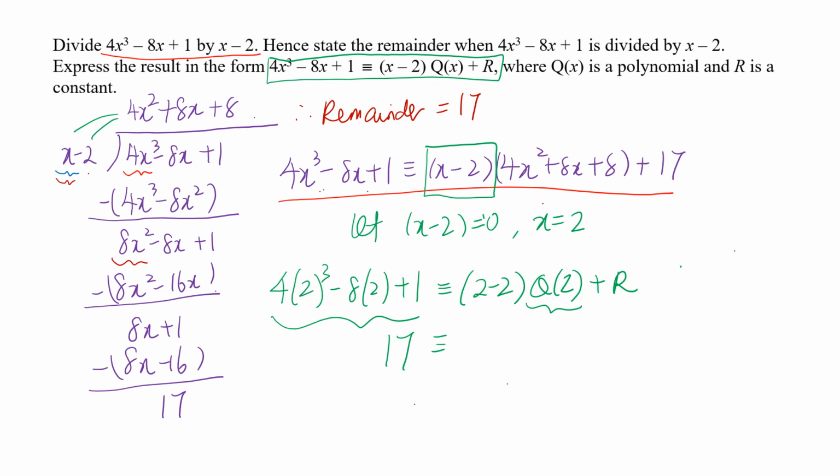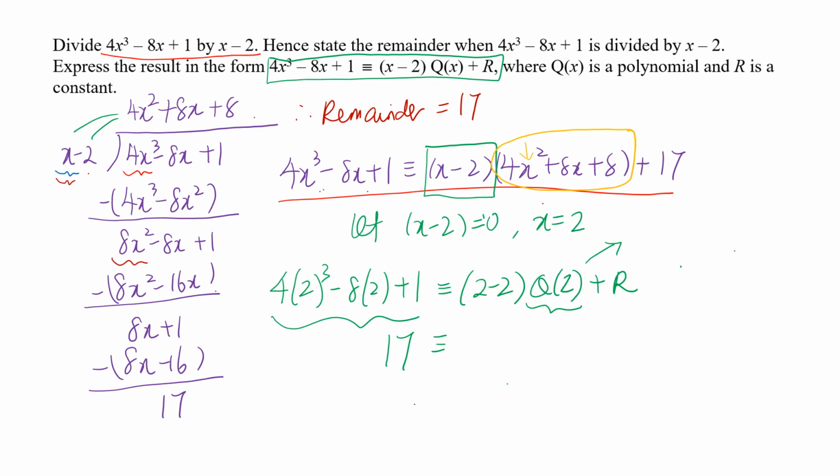0 times q bracket 2. q is the quotient, in the form of a polynomial, like what we have here. So q of 2 means you're going to substitute x equals 2.